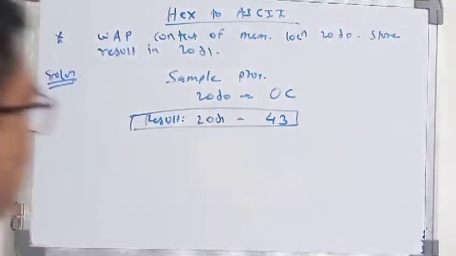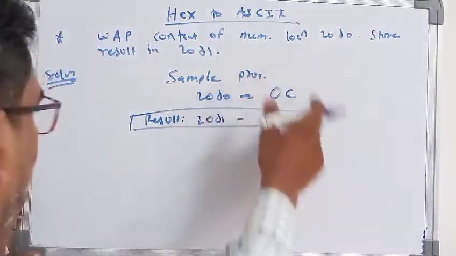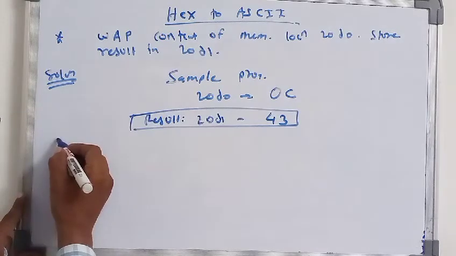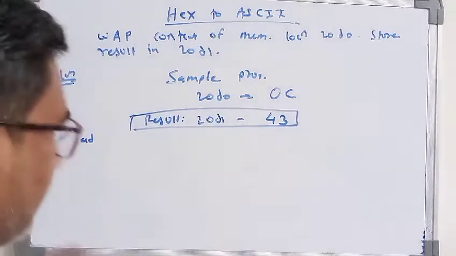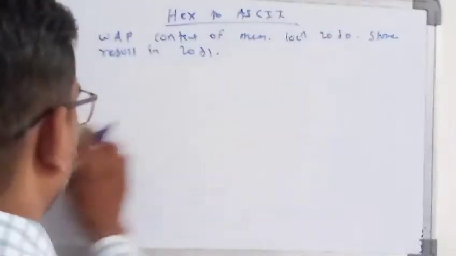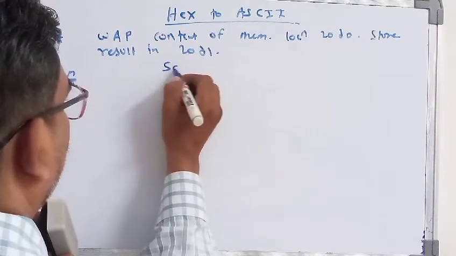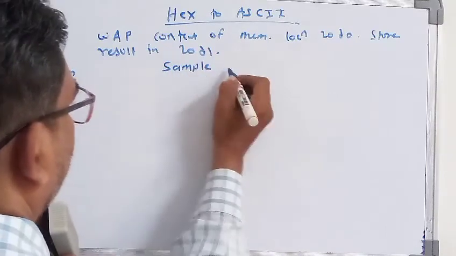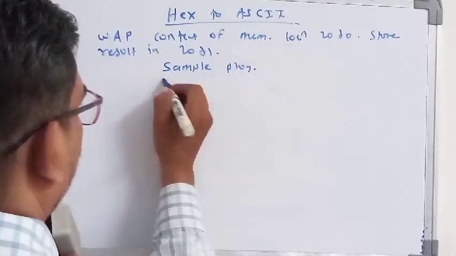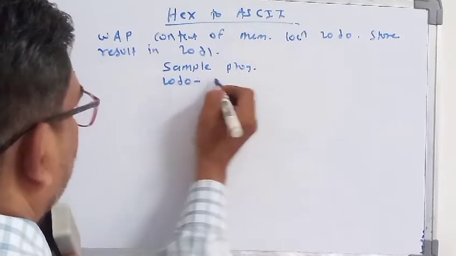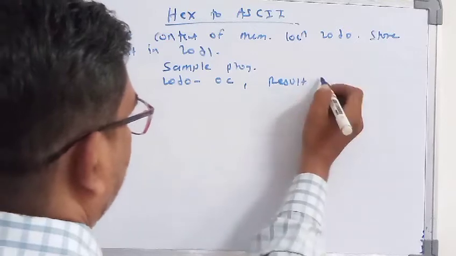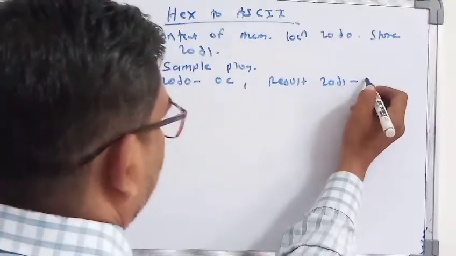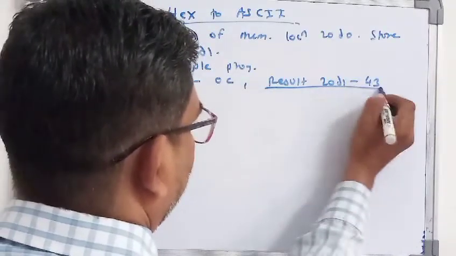So here you have the sample program like this. We will write down the memory address. In the sample program, 20D0 holds 0C, and the result will be stored in 20D1, that is 43. This is the main result.